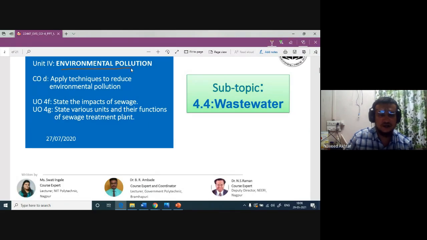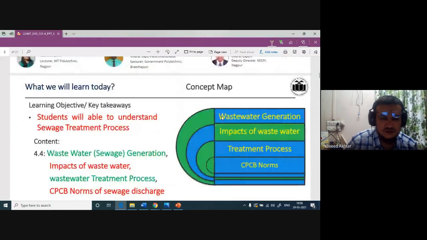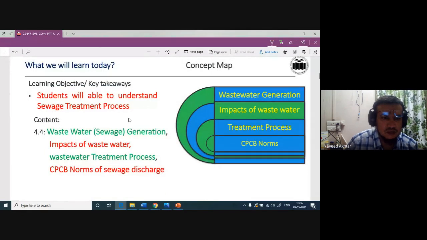In that, the course outcome is applying techniques to reduce environmental pollution, and the unit outcome is to state the impact of sewage and the various units and their function in a sewage treatment plant. So that topic is 4.4 in unit number 4. The student will be able to understand the sewage treatment process. This is today's takeaway.